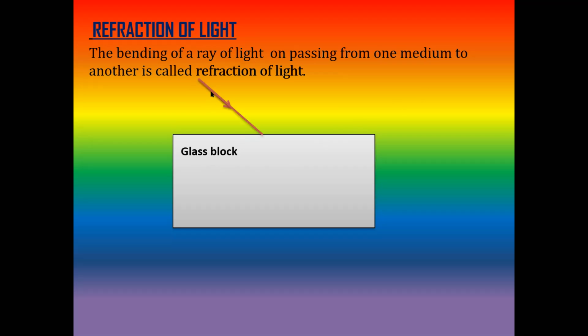The light which strikes the surface, we call this light the incident ray. So the light which hits the surface is known as incident. The imaginary line which is perpendicular to the surface, we call that the normal.